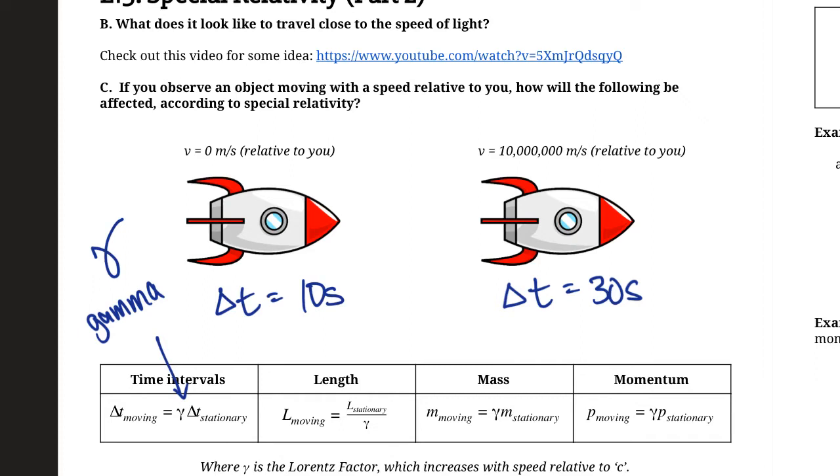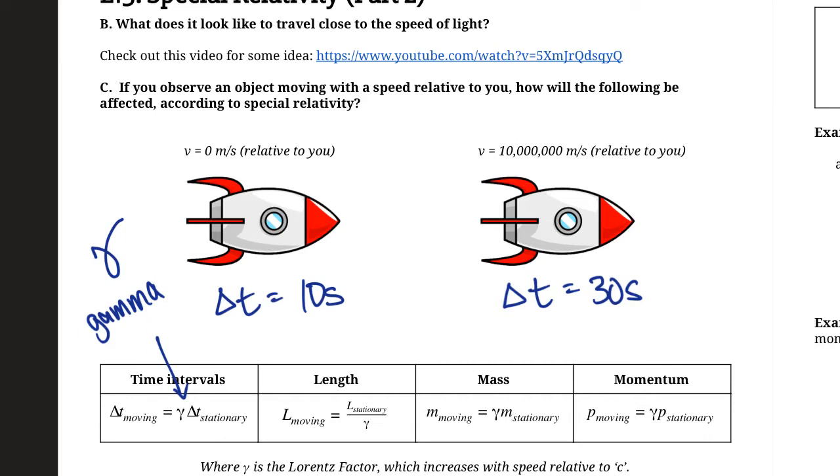So this is gamma times the time that you observe from a stationary clock. We'll talk about what gamma actually is later and how to calculate it, but for now, it's just some factor. And the other thing to realize is that the factor is always going to be greater than 1. So that's our time interval, so that's how time behaves.